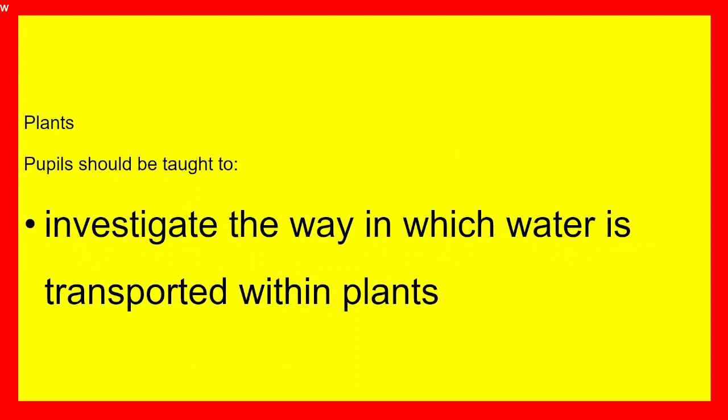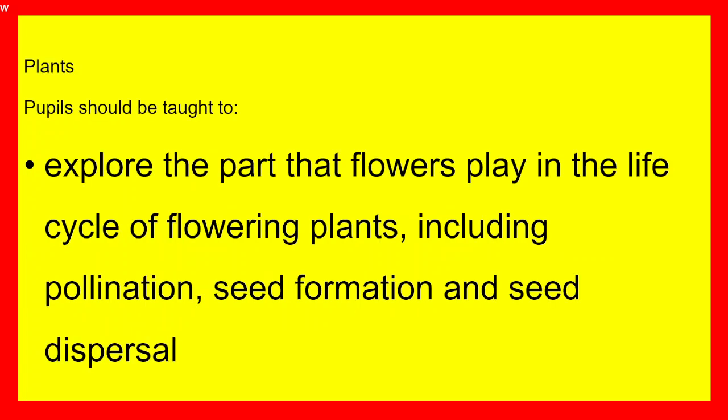Children should be taught to investigate the way in which water is transported within plants. They should be able to explore the part that flowers play in the life cycle of flowering plants, including pollination, seed formation, and seed dispersal.